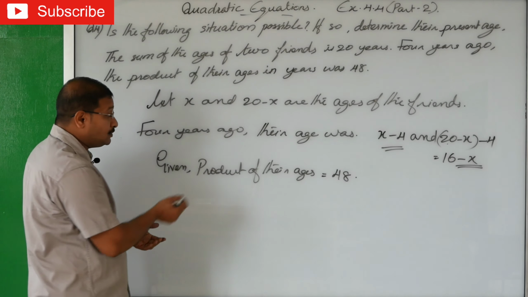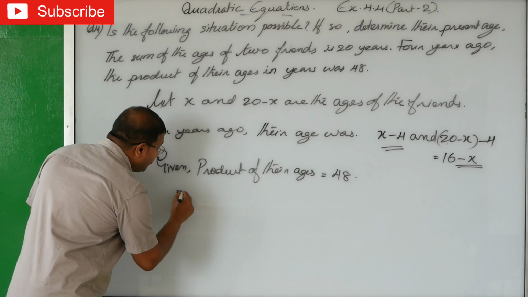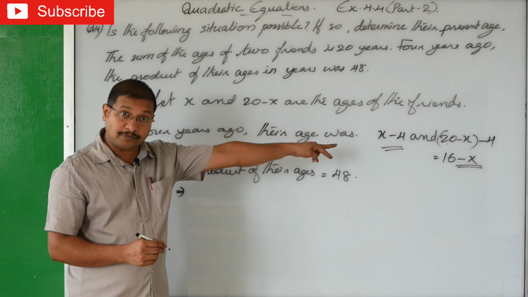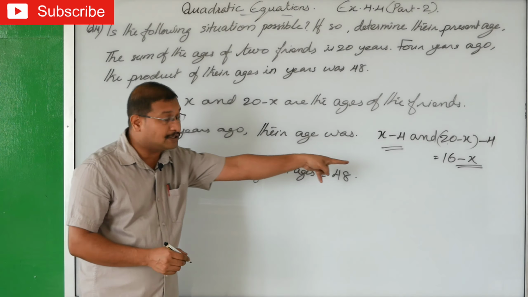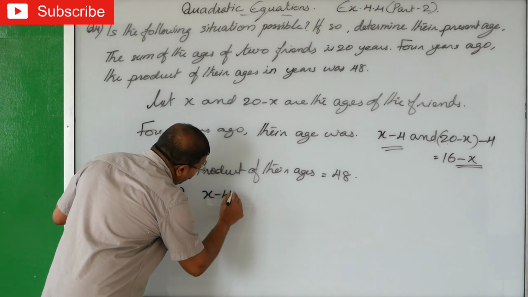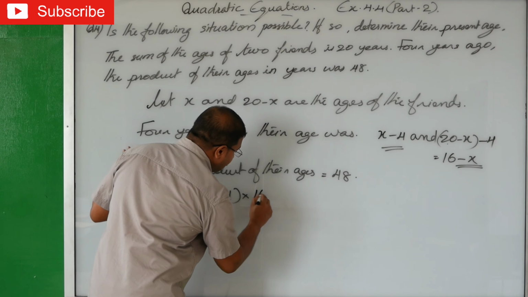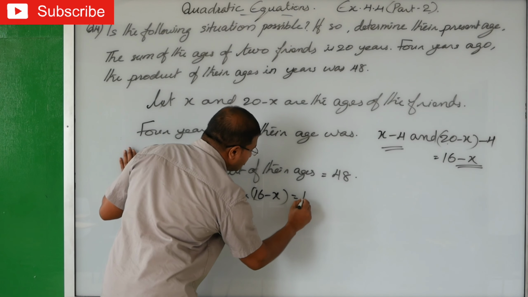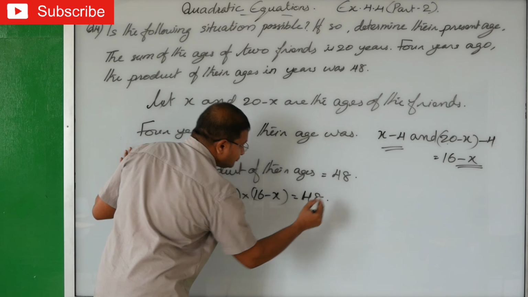That's 4 years ago, isn't it? So 4 years ago, x minus 4 was one person and the next person is 16 minus x. That means what will you write? x minus 4 into 16 minus x equals 48.